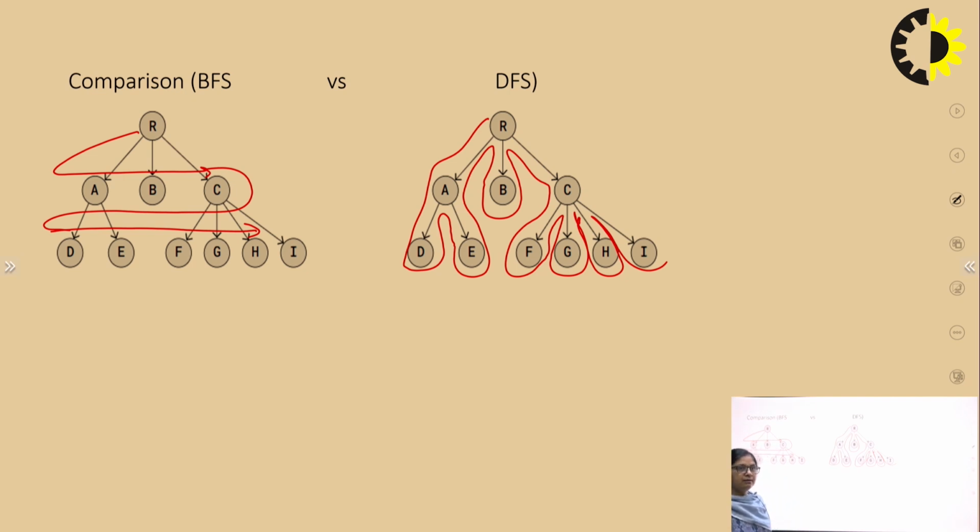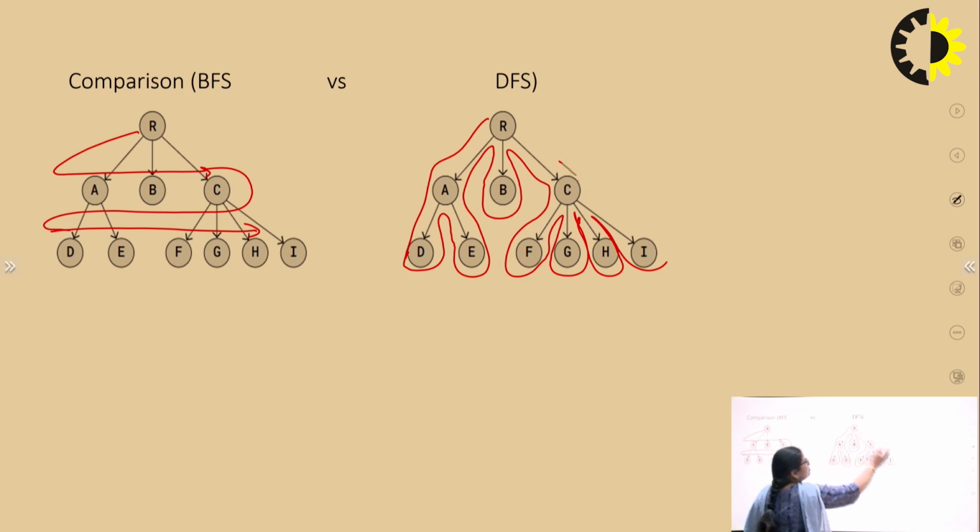What else is there? In BFS we are maintaining information about all the nodes of the next level. And in DFS, what are we maintaining in memory? Just one branch.